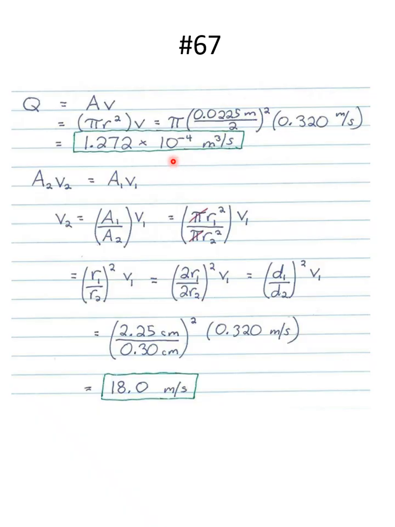And let's use this, that the continuity equation says area 2 times speed 2 equals area 1 times speed 1. And then we can find speed 2 in terms of the different radii or diameters and the original speed. And so we can say V2 is A1 over A2 times V1.